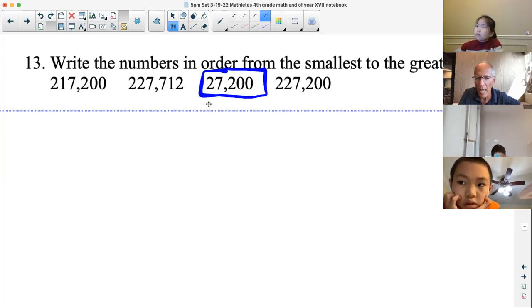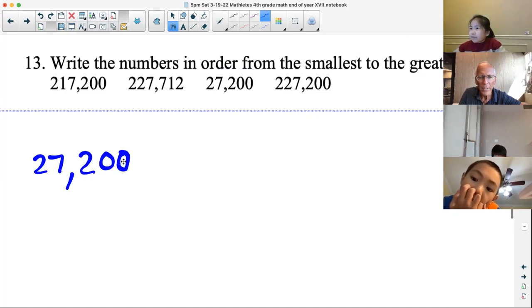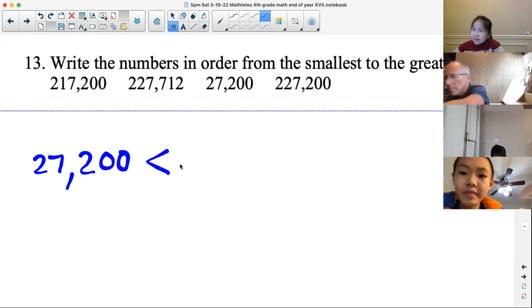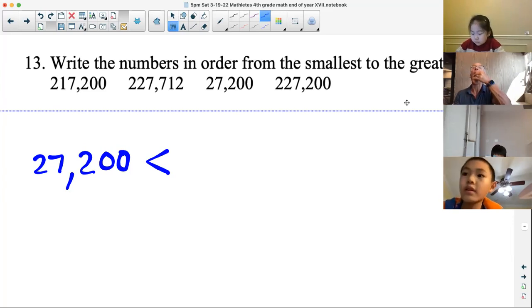The smallest number, Eleanor, go. 27,200. That's right. And what is the next smallest number, Jason B? Jason B, go. Jason, you are muted. 217,200.